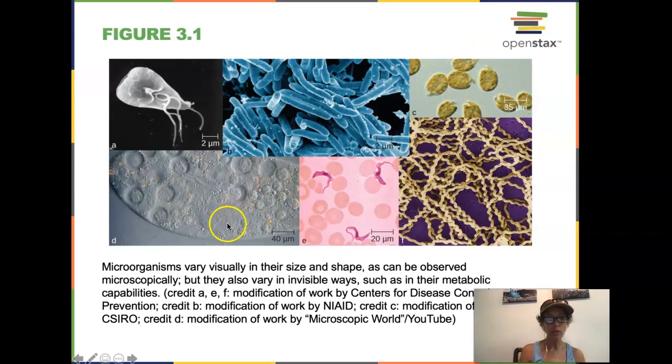And D, tremendously large, 40 microns. Typical bacterium, less than 2 microns. So this is a eukaryote. Looks like it's probably a paramecium. These are red blood cells, and this is a parasite, a eukaryotic parasite that has infected someone's bloodstream. And finally, we have some spirillum, those bacterium that have that tight corkscrew appearance.